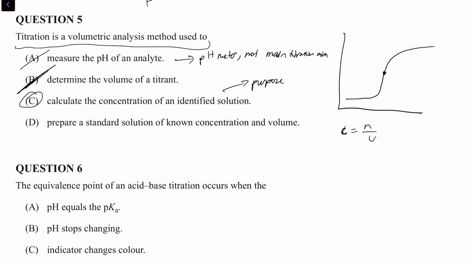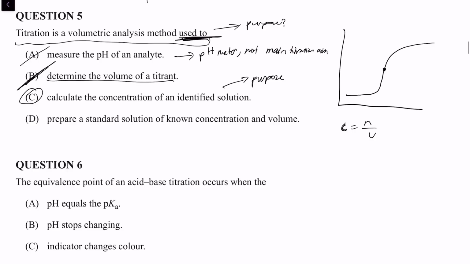Because you can see in the question, it's asking titration is a volumetric analysis method used to, and that "used to" is the purpose, which is what is in question. Okay. Same with determining the volume of the titrant. You measure the volume, not determine something. Preparing is actually a very separate process before titration.